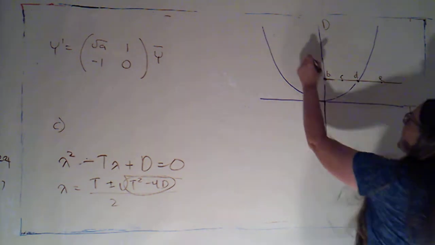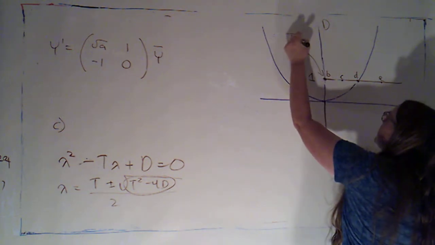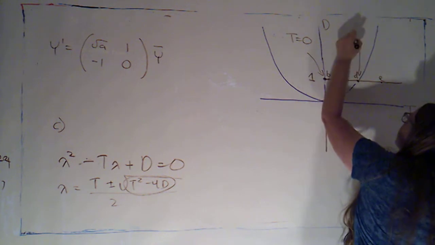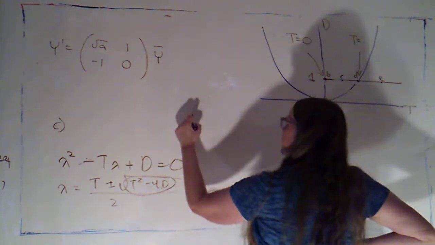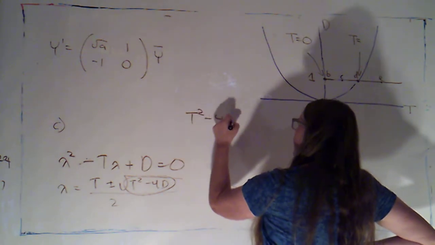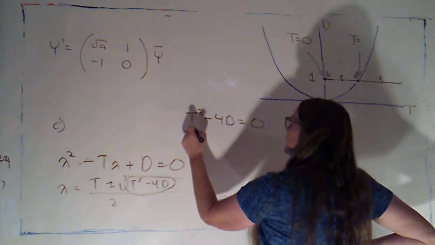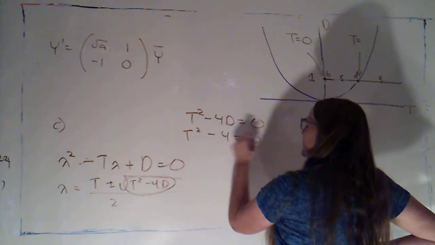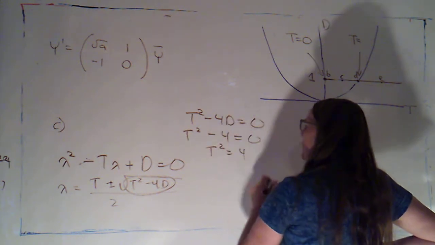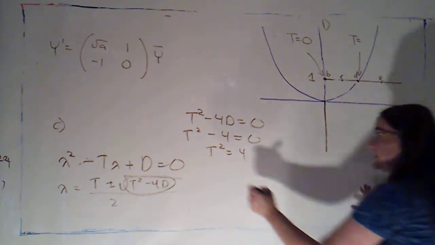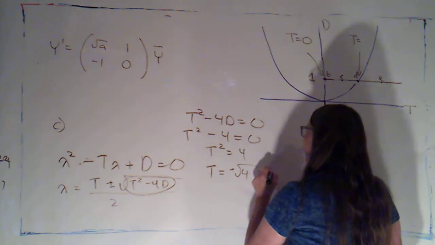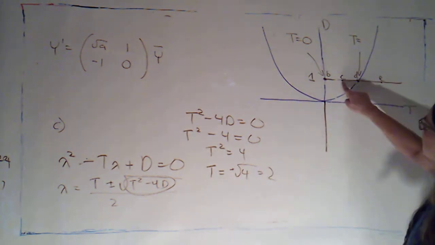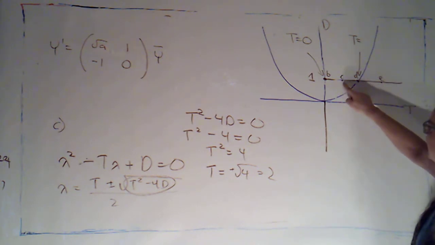Let's actually figure out what t is at point D. Because that would be where t squared minus 4d equals 0. But I know d is equal to 1. So t squared would equal 4. And I can see t here is positive. So t is the positive square root of 4, which is 2. Okay. So in here, t might be something like 1.